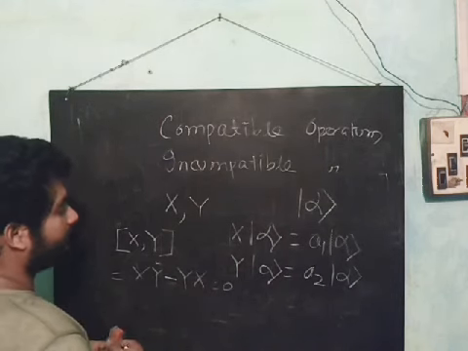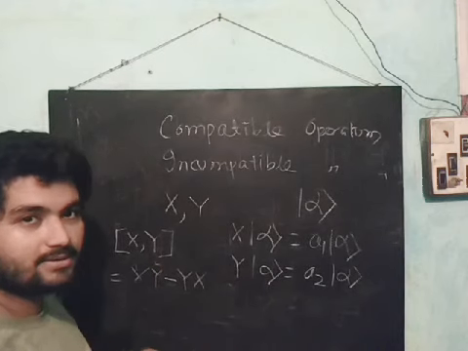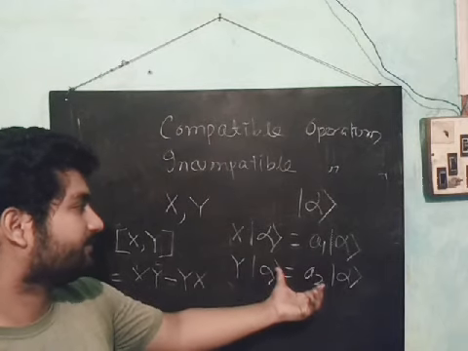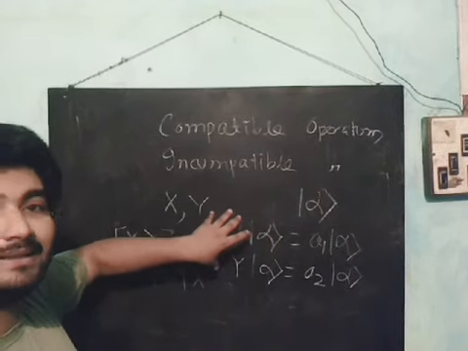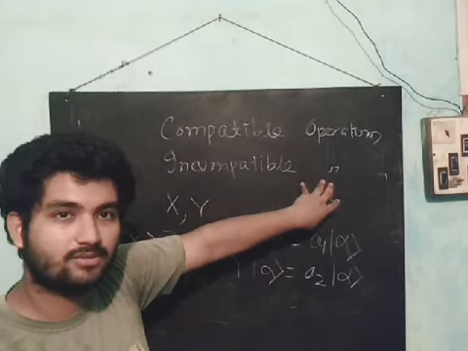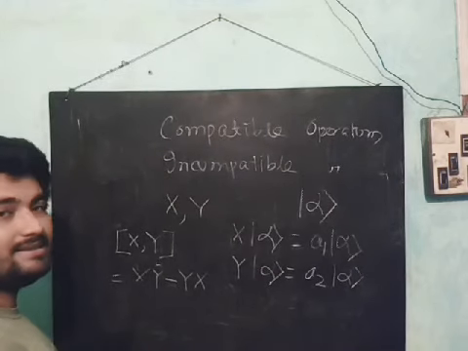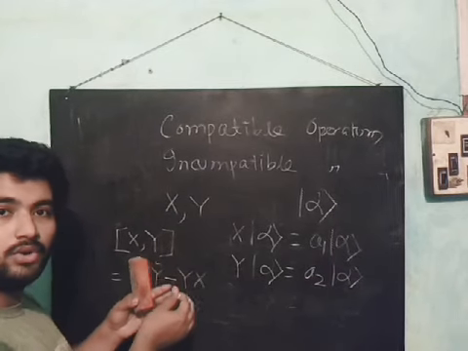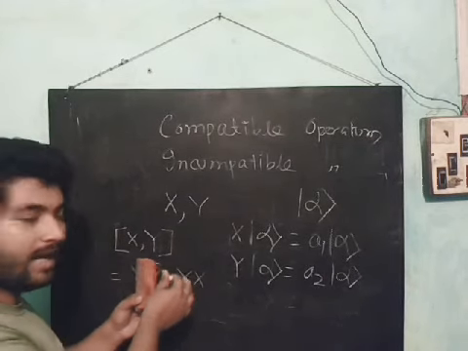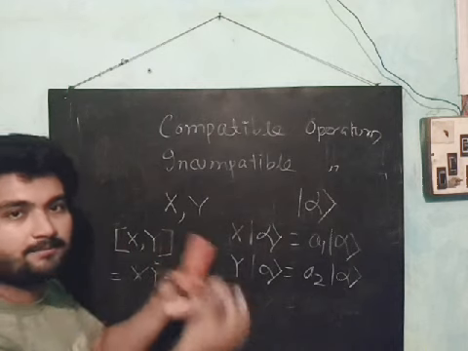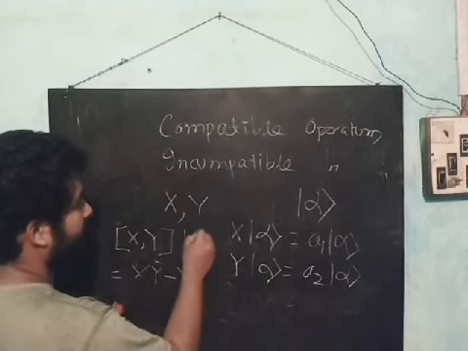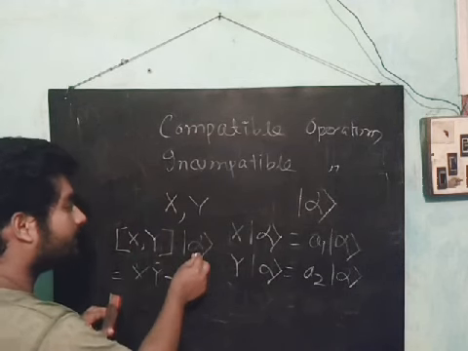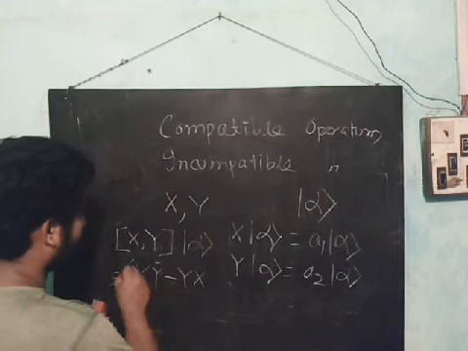But in general, two operators do not commute. Now, what will be the case here? If X and Y share the same eigenstate. Now, this is an operator, right? I cannot have the result with just this operator. I have to operate this operator on some state. So let's operate this thing on a state alpha.